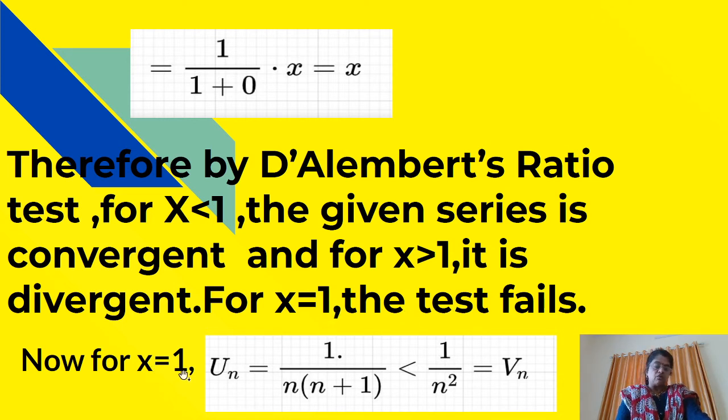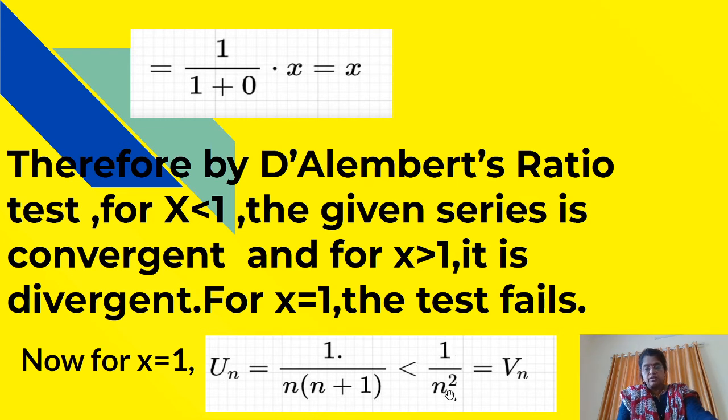Now consider x equal to 1. For x equal to 1, un is equal to 1 upon n into n plus 1. Now we can observe that 1 upon n into n plus 1 will be less than 1 upon n square, for every n.